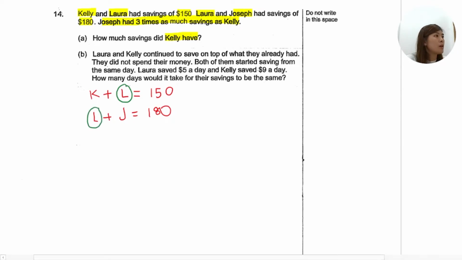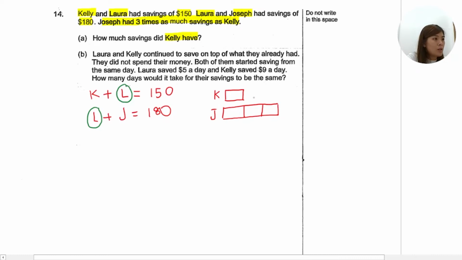Then Joseph had 3 times as much savings as Kelly. Okay, meaning Kelly 1 unit, Joseph 3 units. Okay, and Kelly and Joseph, they are the non-repeated identity.